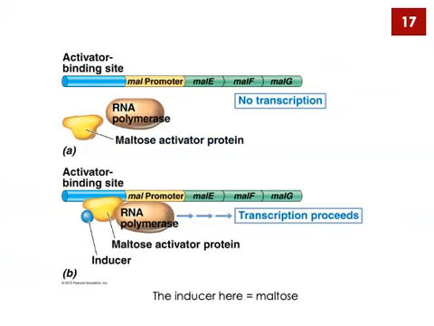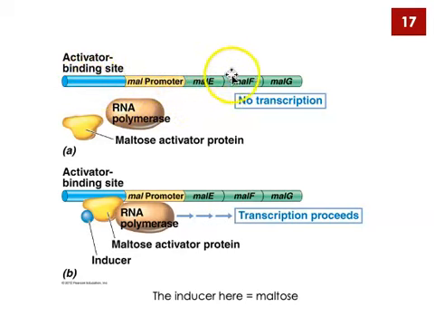Let's take a look at a diagram of this process. Up at the top of the slide, we're shown a gene, and this happens to be an operon. It's a gene that codes for several proteins. So in blue and in yellow, we're looking at regulatory regions of this gene.